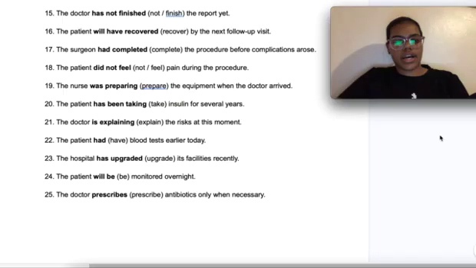The patient had blood tests early today. 23. The hospital has upgraded its facilities recently. 24. The patient will be monitored overnight. And 25. The doctor prescribes antibiotics only when necessary.